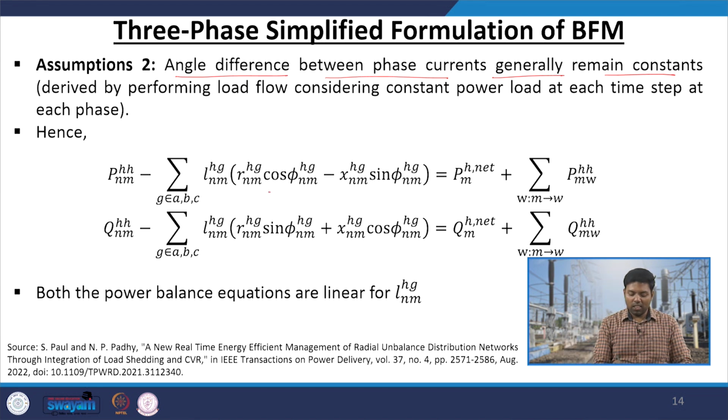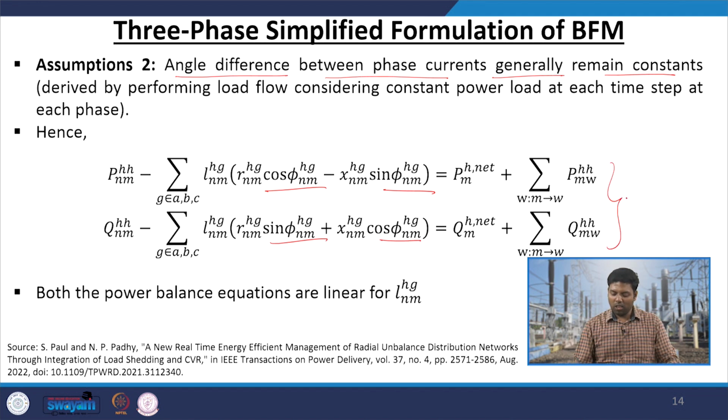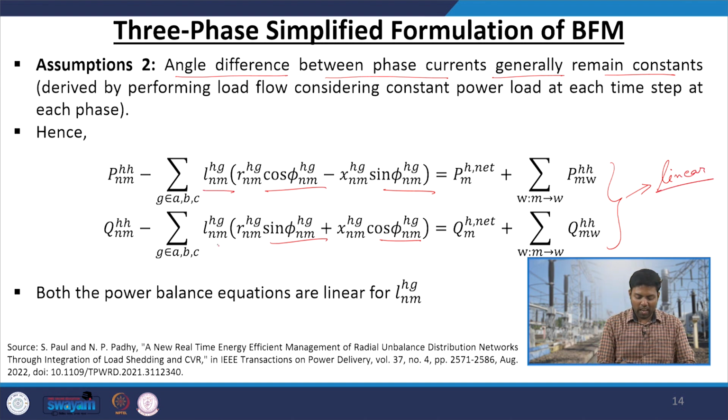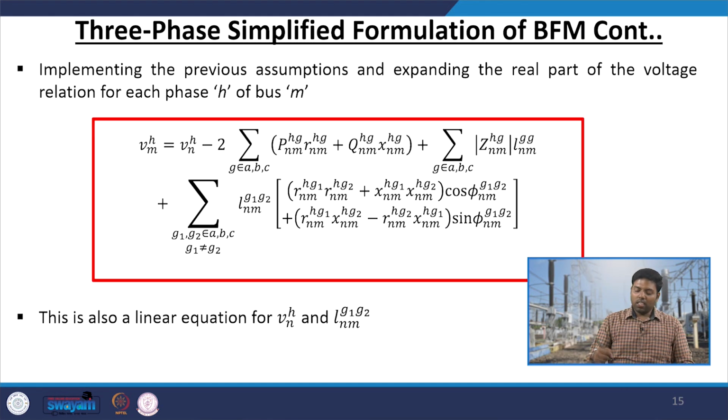So, if we consider this and this term as a constant, then this equation will become a linear equation for the variable L, not I square. Remember this. This is linear for the variable L. Okay? The same assumptions we can impose on the voltage equation as well, and we will get this voltage equation which has mutual coupling and everything in place.